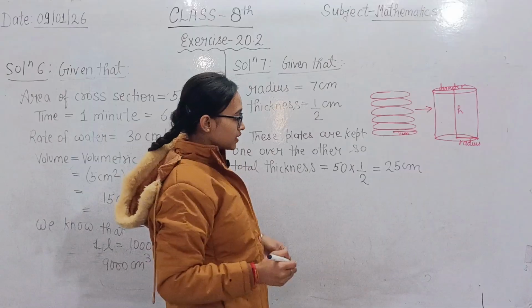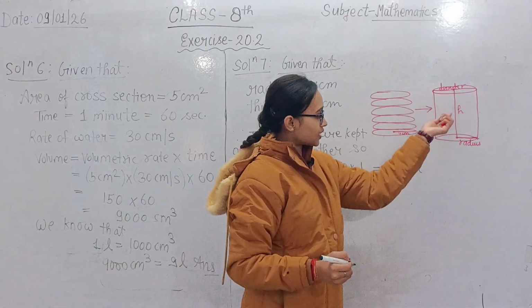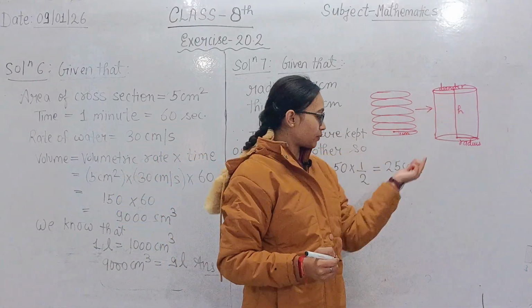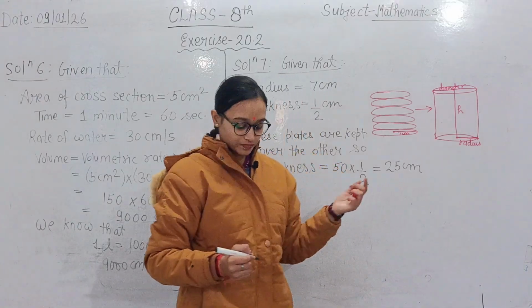So the thickness of this, that is the height of this solid cylinder, will be 25 centimeter.